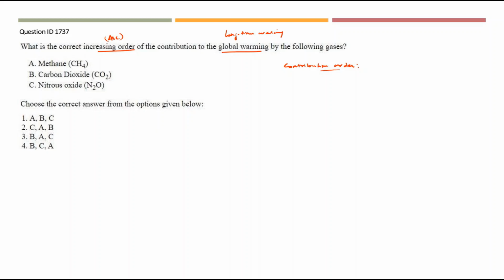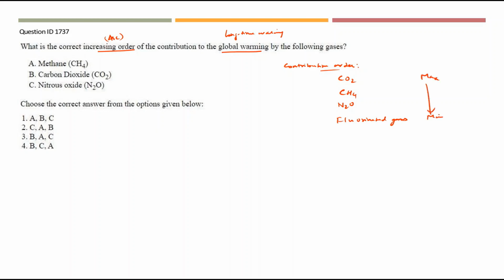The first gas that is contributing a lot to global warming will be carbon dioxide. There are many articles with differing percentages, so we'll take only the names. Next to carbon dioxide, it is methane. Next to methane, it is nitrous oxide. And after nitrous oxide, we have fluorinated gases, from max to minimum.